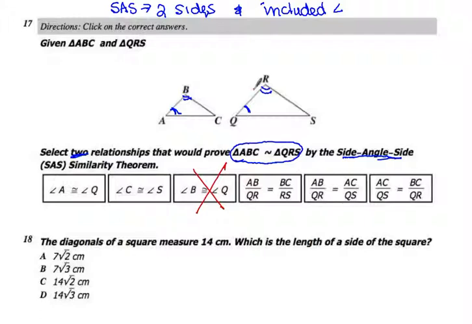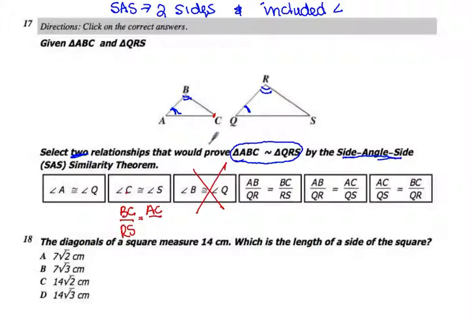AQ or CS would have to be in the included angles. So if we look at C, C is the included angle of BC and AC. BC is going to be proportional to RS.